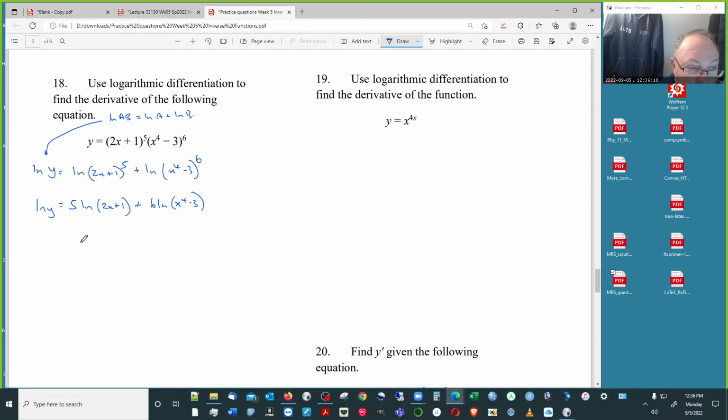We're going to differentiate with respect to x, because it's y in terms of x. So what do we need to introduce here? We need implicit differentiation. Okay? So we're going to d/dx the whole thing, which means we're going to d/dx each term.